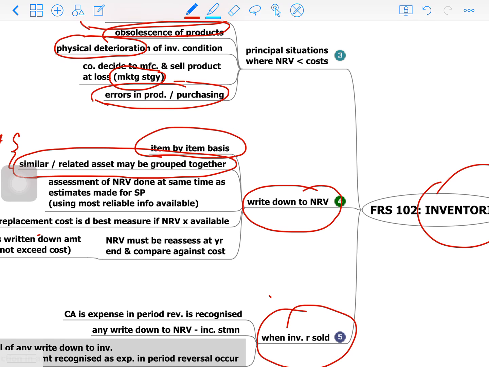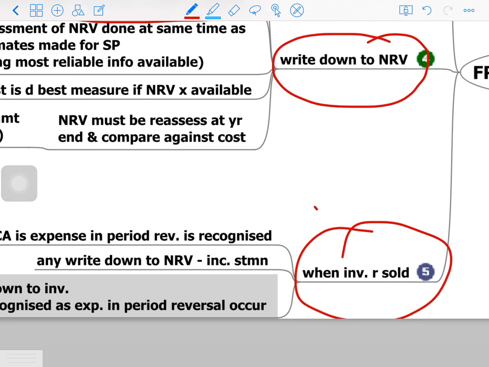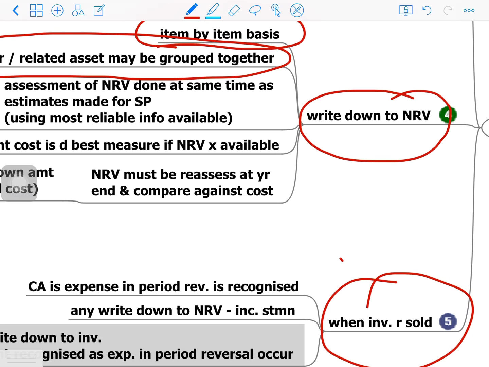Right? So here it means for inventory that we have sold, when inventory is sold, the carrying amount is expensed in the period where the revenue is recognized. You have sales minus cost of sales. So this is the product which has been sold, and this is the cost of the product which has been sold. You compare, you match with the matching concept. So the carrying amount of inventory in the financial position, in the balance sheet, will be matched with the sales revenue of the inventory.